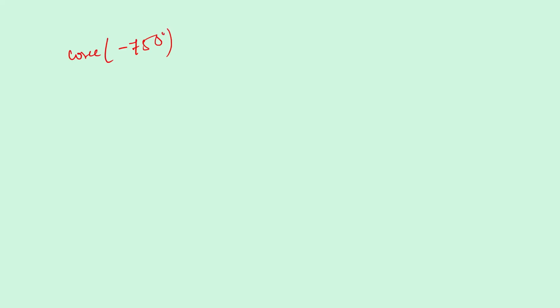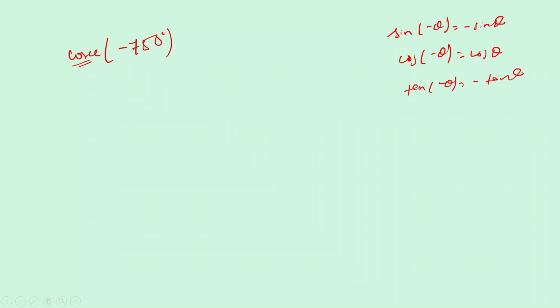As I already told you, sine of minus theta is minus sine theta, cos of minus theta is cos theta, and tan of minus theta is minus tan theta. So what is cosec? Cosec will follow the same logic as sine. Whatever these logics are, you just apply those same logics for the reciprocals. So cosec minus theta will be minus cosec theta.